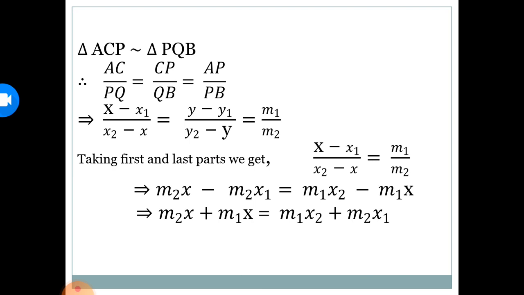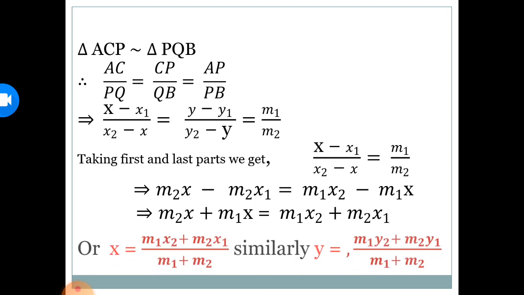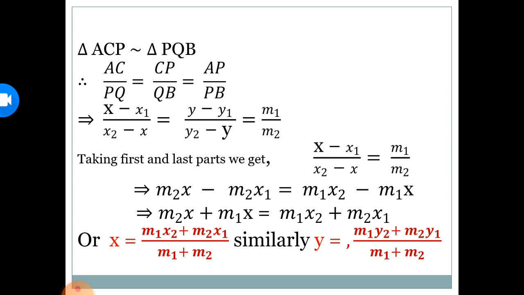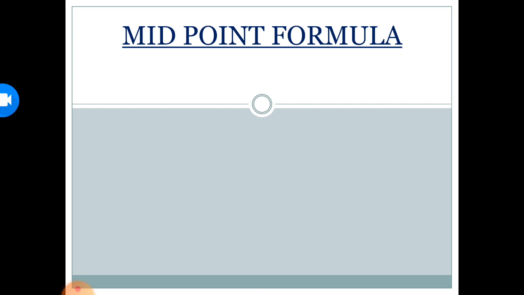This implies M2x plus M1x is equal to M1x2 plus M2x1, and if we write x coordinate from this, we get (M1x2 + M2x1) upon (M1 + M2). Similarly, if we take second and third parts of the ratio and proceed like this, we get the y coordinate of P as (M1y2 + M2y1) divided by (M1 + M2). So children, this is the derivation part of section formula. Generally, it will not be asked in the examination, but for your knowledge, it is explained.